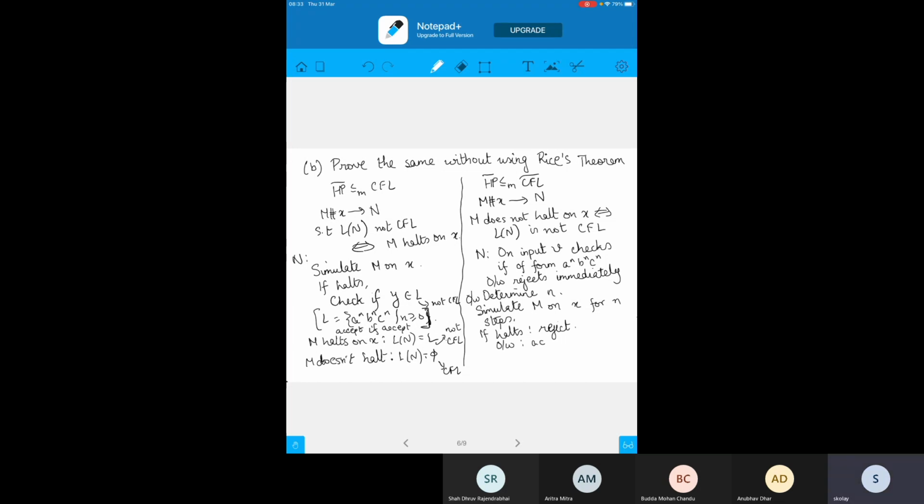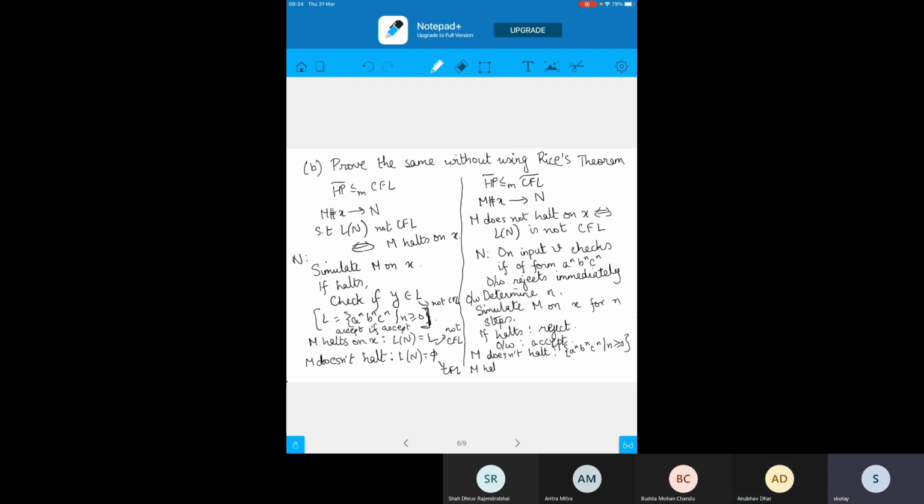Otherwise, accept. So if M does not halt, then you are accepting a^n b^n c^n, which is not context-free.